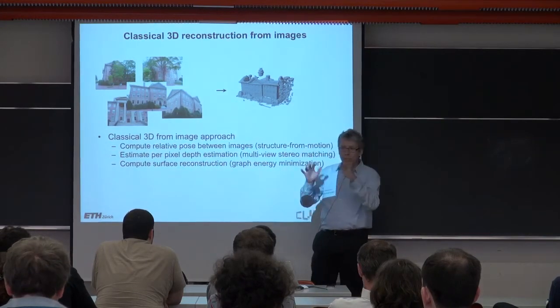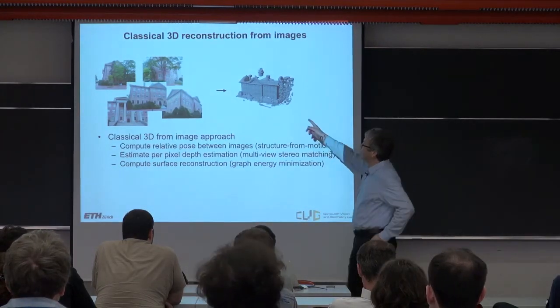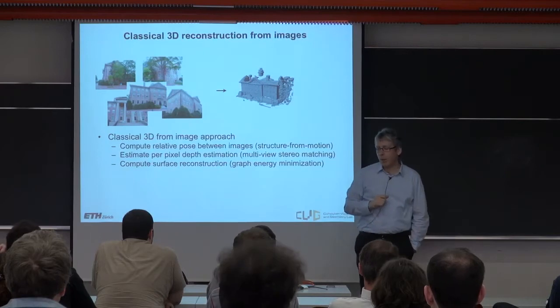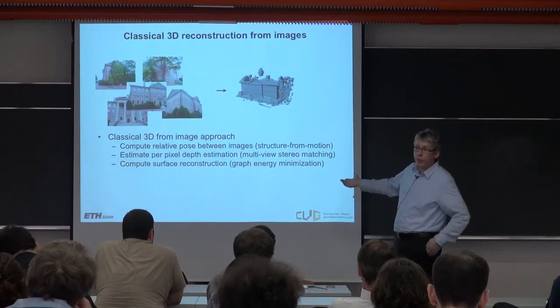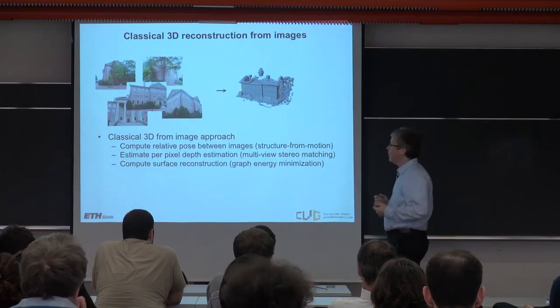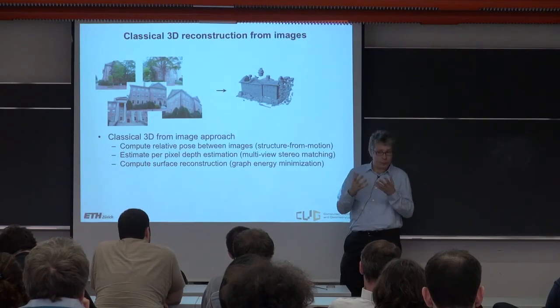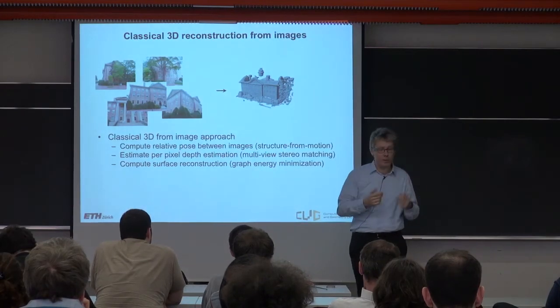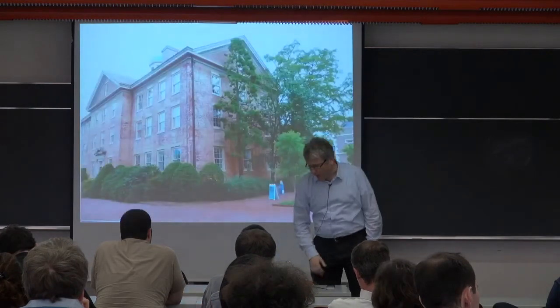And so you put all of this in a volume, and then you can integrate that information. That's actually the technique we pursue here. But you can actually also do this on tetrahedral meshes that are not regular and that adjust to where the data is. Okay, so this is a classical pipeline.